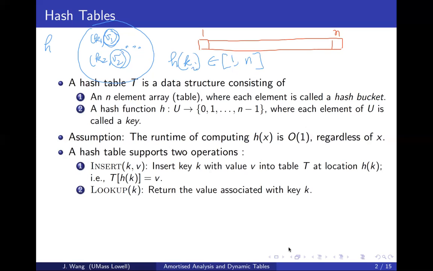And moreover, we want this h to map these keys to this range as evenly as possible. That's what this hash function is. We want to change our indexes from 0 to n minus 1, because that's more convenient for modular operation. So it's still the size of n.